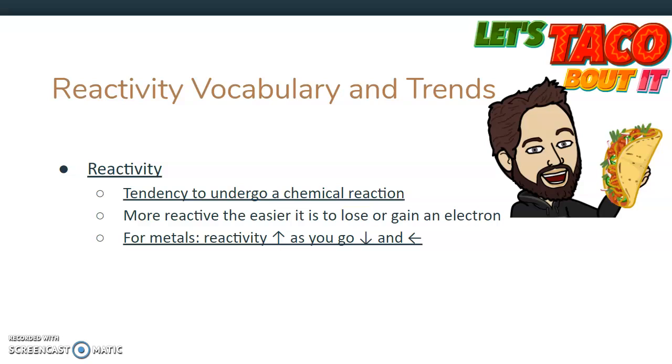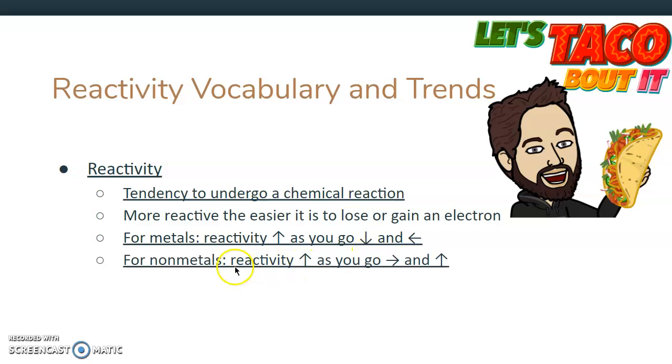And our shorthand for this is just for metals. For this one, our metals have a different trend than our nonmetals, which we learned about last week. But our metals, our reactivity increases as we go down and to the left on the periodic table. And for our nonmetals, our reactivity increases as we go to the right and up on the periodic table.